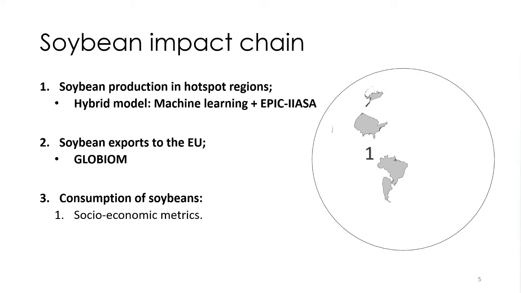So basically, good weather, bad weather, how does it connect with the soybean yields in each location? And then we process those outputs via the GLOBIOM model done here in IIASA. And finally, with this model, we can transfer the yield variation or the production variation into imports into the EU, and finally into socioeconomic metrics that I'll explain later a bit better.